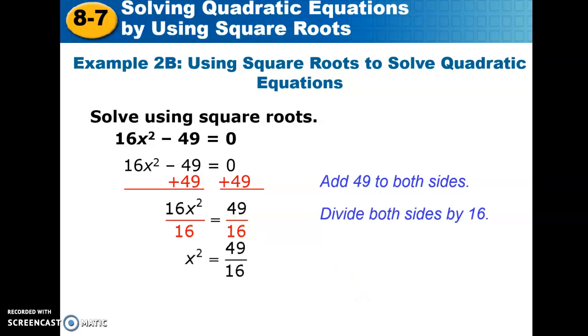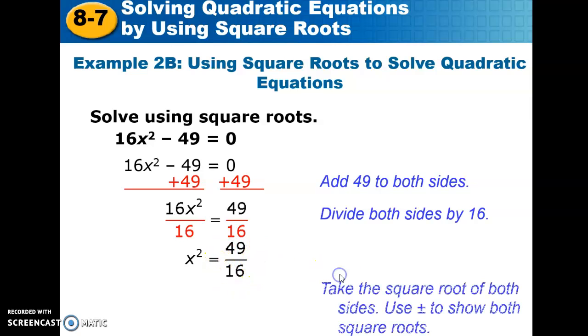Now there's a rule we briefly talked about a while back. If you take the square root of both sides, and you take the square root of a quotient, you can split that up into the square root of 49 over the square root of 16. The square root of 49 is 7, and the square root of 16 is 4.